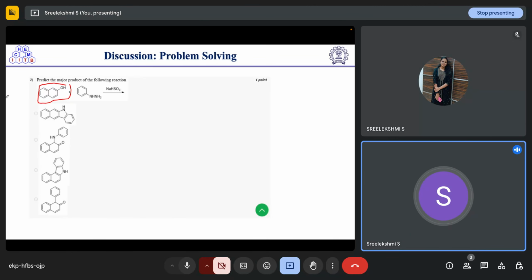Reaction of hydroxy naphthalene with this phenyl hydrazine in presence of sodium bisulfite, which will be the major product here?